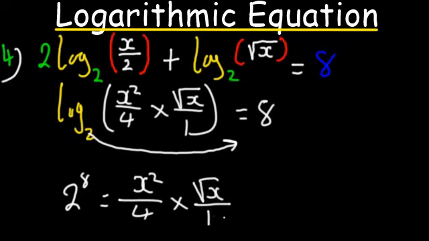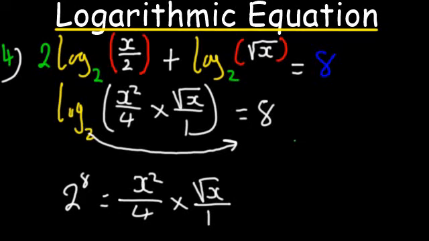Now what exactly is 2 to the power of 8? At this point I need to make use of my calculator. So let me type in 2 to the power of 8. So we have 256. So therefore at the left hand side we have 256.